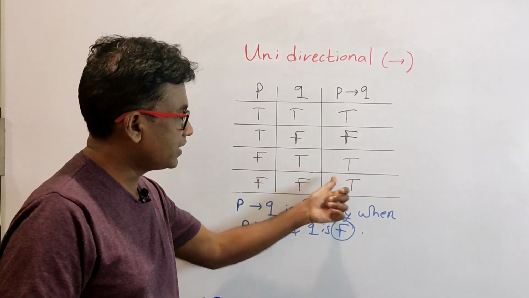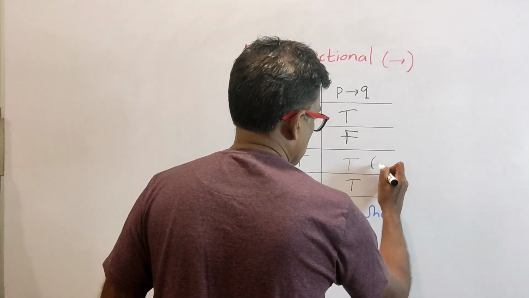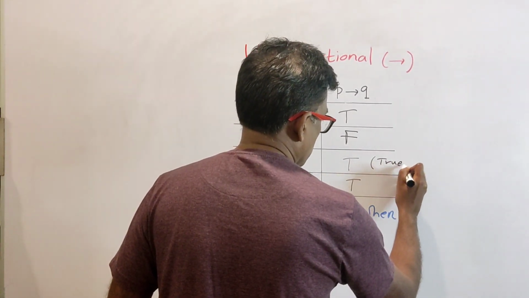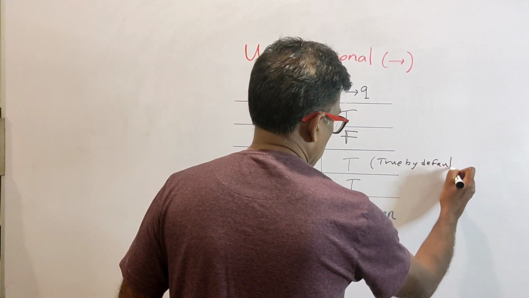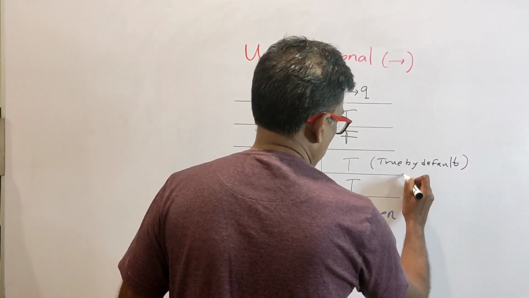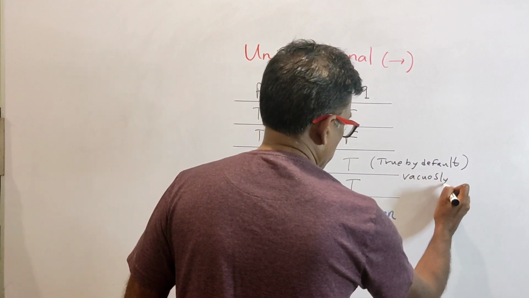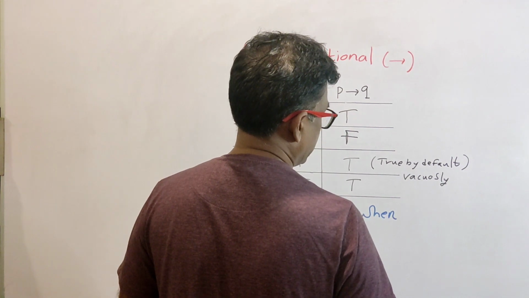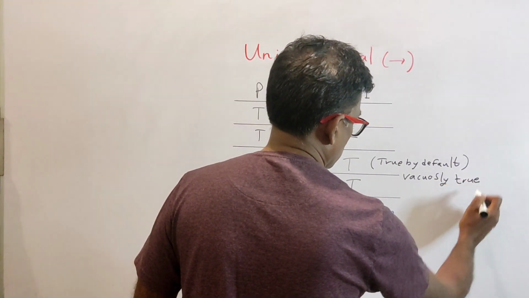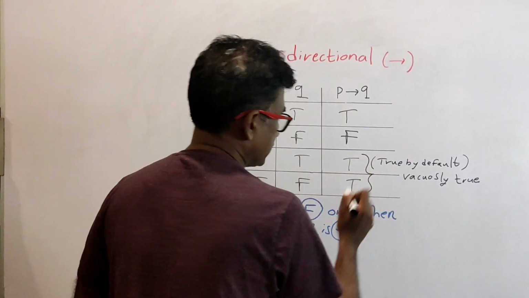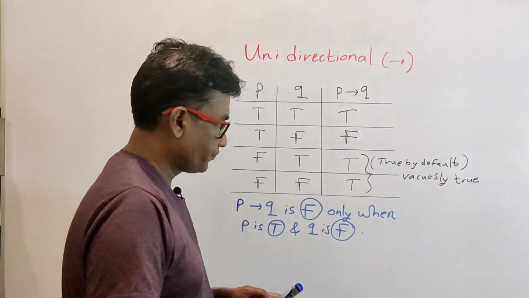So these two instances, we say they are true by default, or vacuously true. These two instances, we say it's true by default or vacuously true.